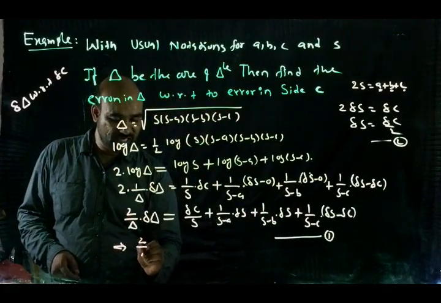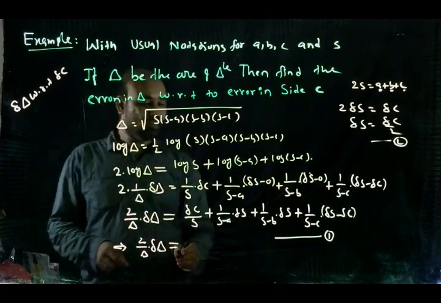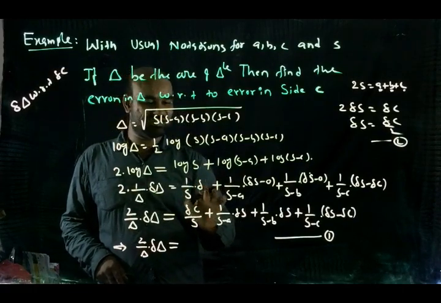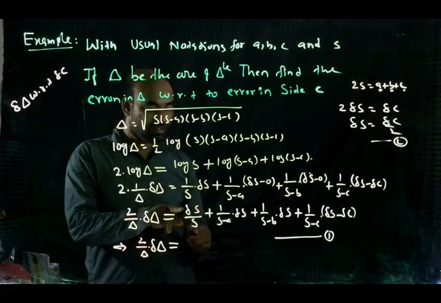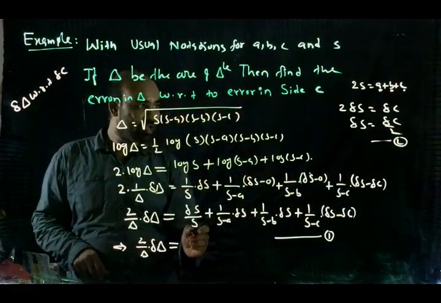So 2 by delta into delta equal to delta C. I think this is not delta C, delta S only. Okay. So instead of this delta S, you can write delta C by 2. So what happened?